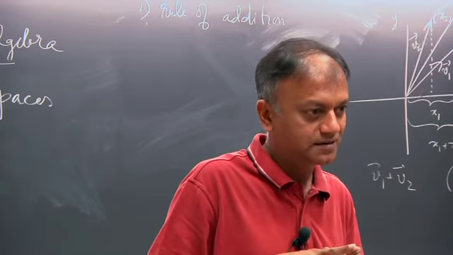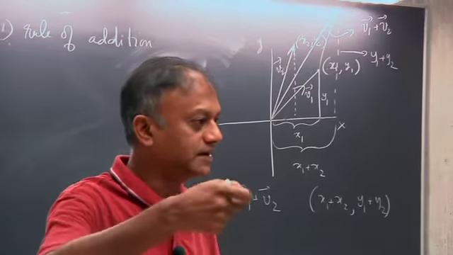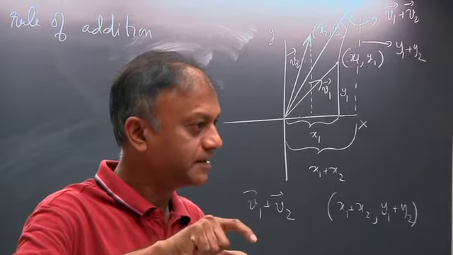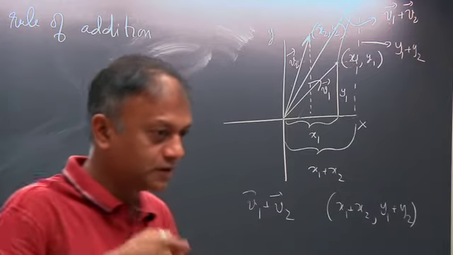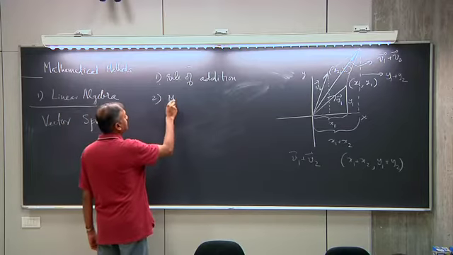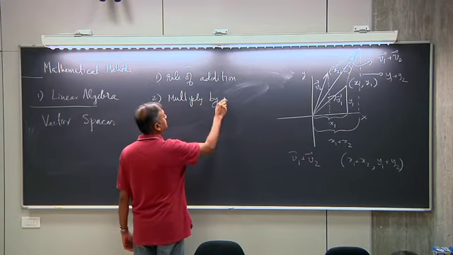So if you give me a vector, I can multiply by any number, say let's say 2, then I will get another vector again, whose direction will be the same, but length will become twice the original length, right? So there is a notion of multiplication. So the second is that you can multiply by numbers.